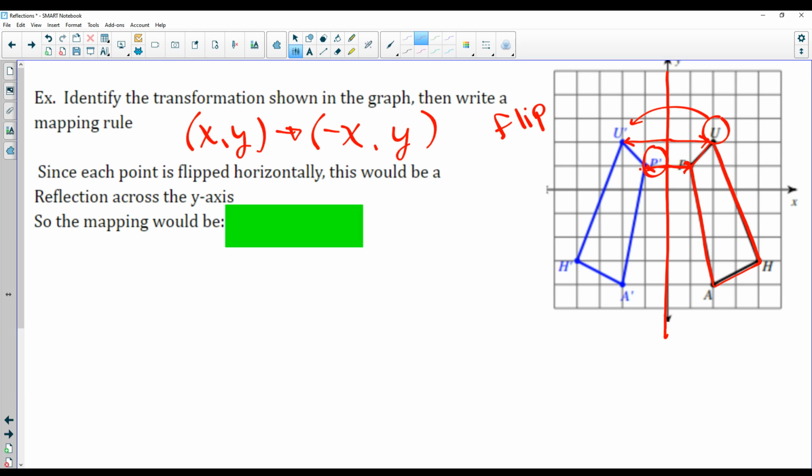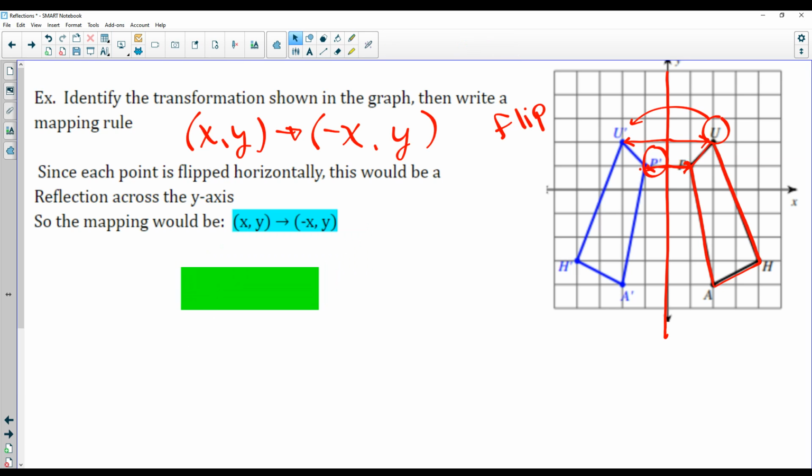Right? So since each point is flipped horizontally, this is a reflection across the y-axis, and that would be your mapping. Okay, so when you flip over the y, that means that your x value is changing. If you flip over the x, that means that your y value is changing.